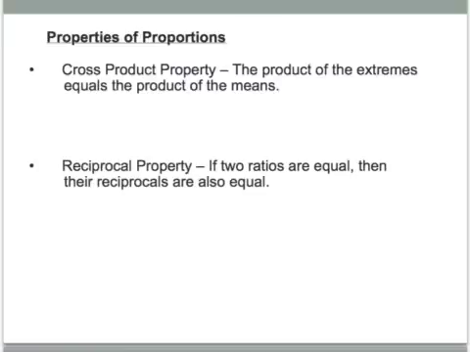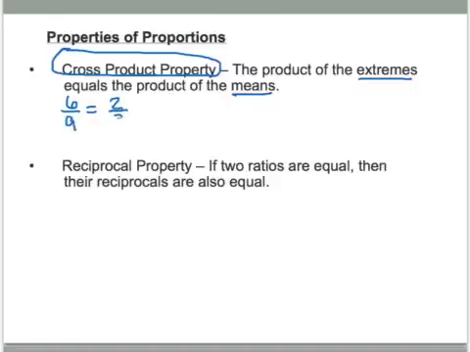And that's what we use to solve a proportion. Okay, so now let's start talking about some properties. And in fact, this first one, the cross product property, we just mentioned on the previous slide. It says the product of the extremes equals the product of the means. So what that looks like, if I have a ratio of 6 to 9, and I'm comparing that to the ratio of 2 to 3.